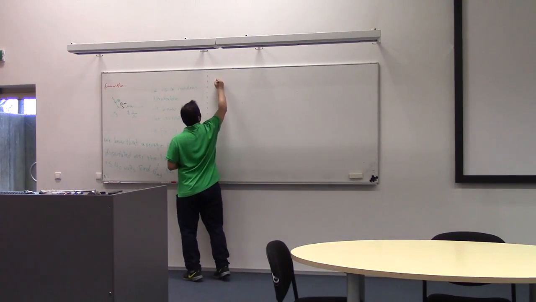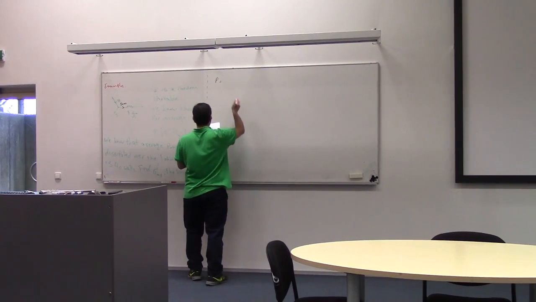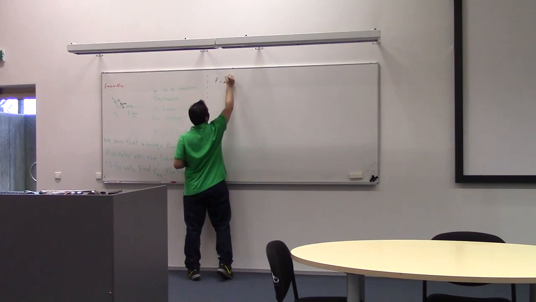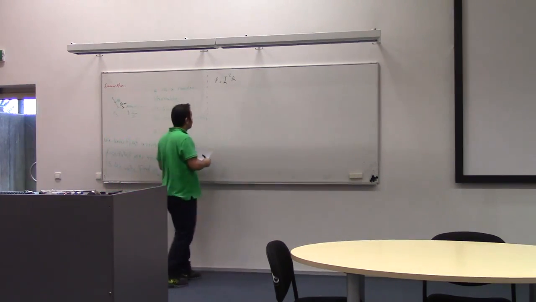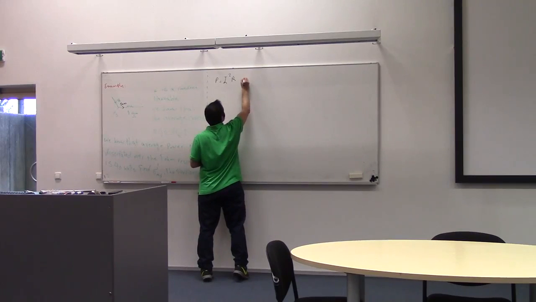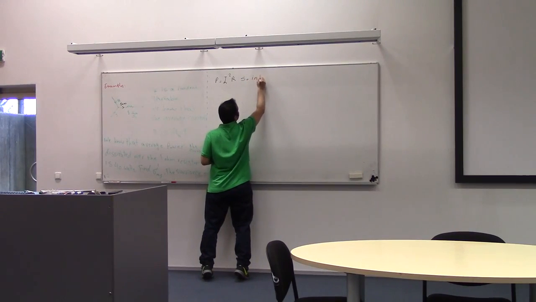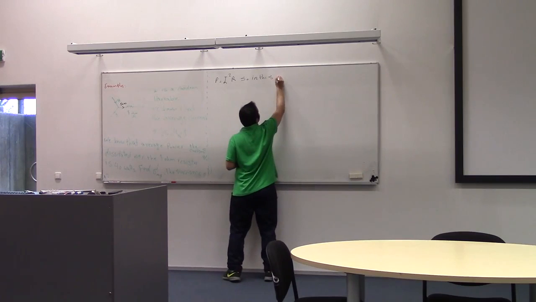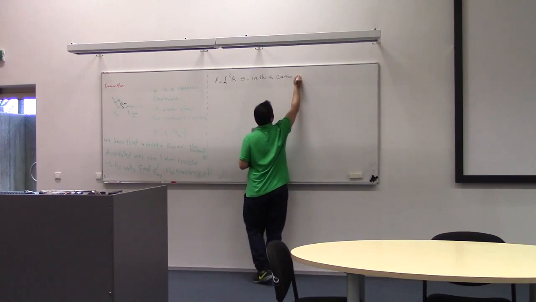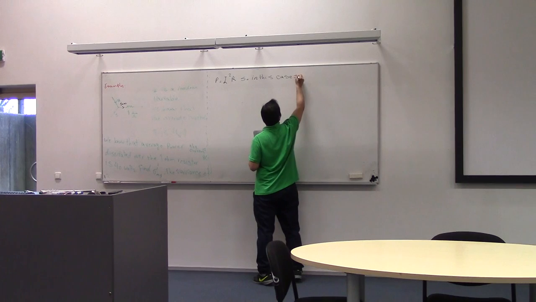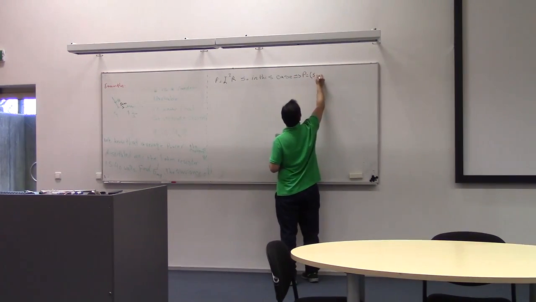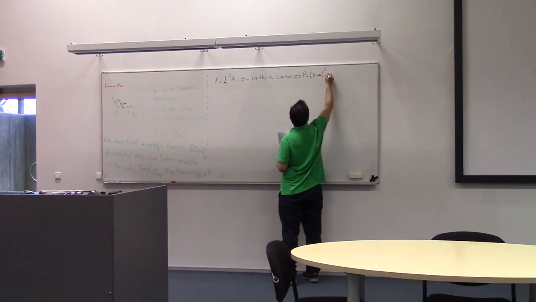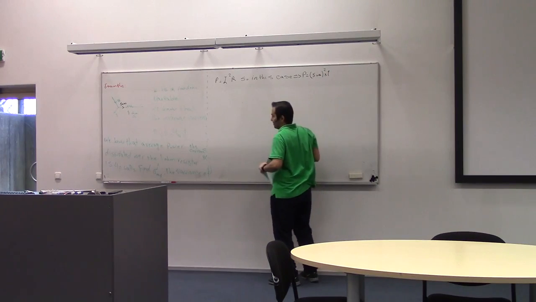From high school, we know that the power is equal to I power 2 R. Okay? So in this case, we have power equal to 5 plus X power 2 multiplied by 1.